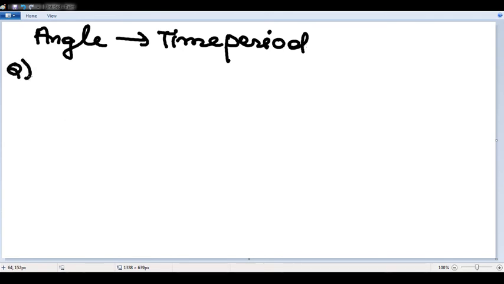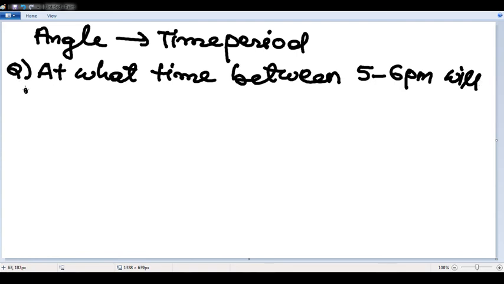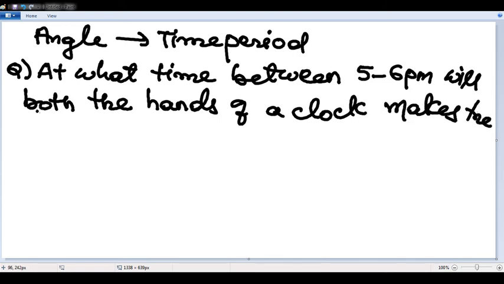Question: at what time between 5 and 6 p.m. will both the hands of a clock make the following angles? Listen carefully. If you understand the first question, I will make you solve the second and third questions very fast, probably without using a pen.